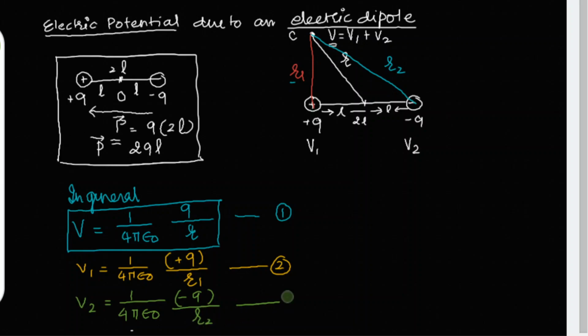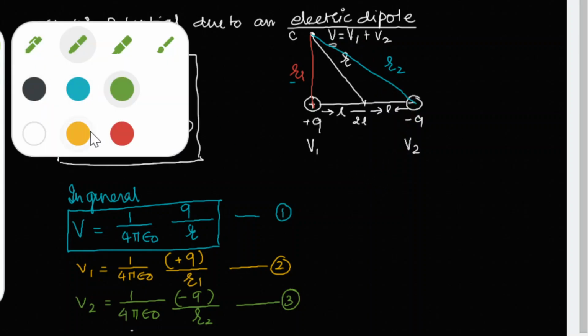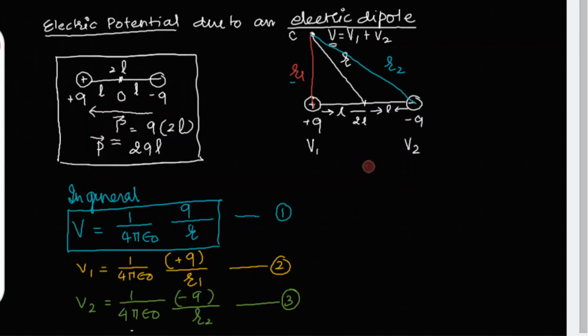So this will be our third equation. But what is V actually? V is equal to V1 plus V2.